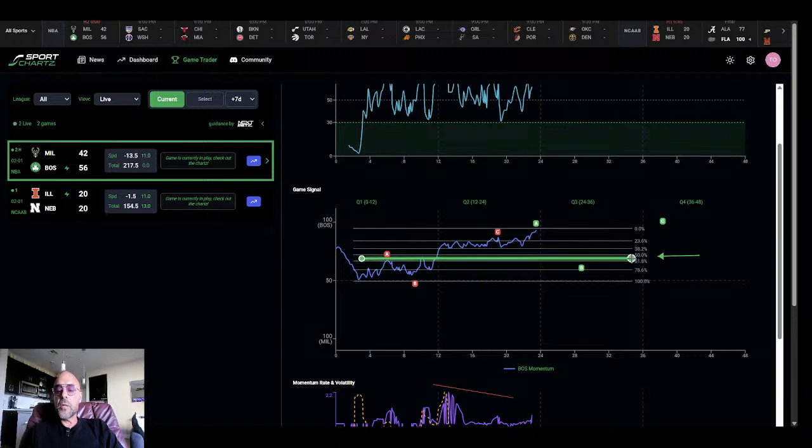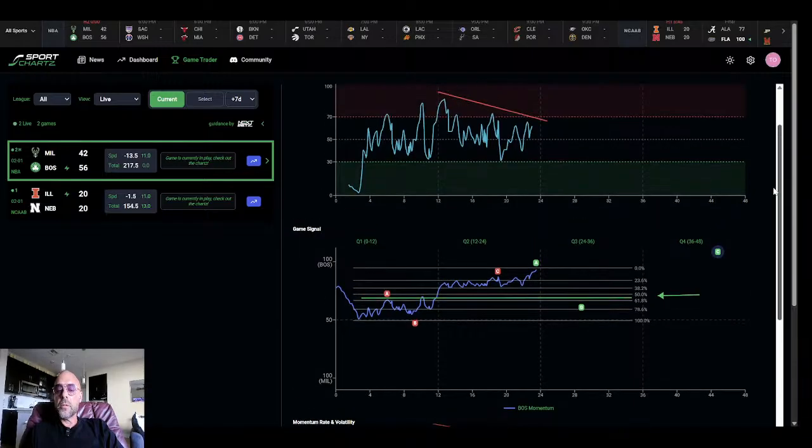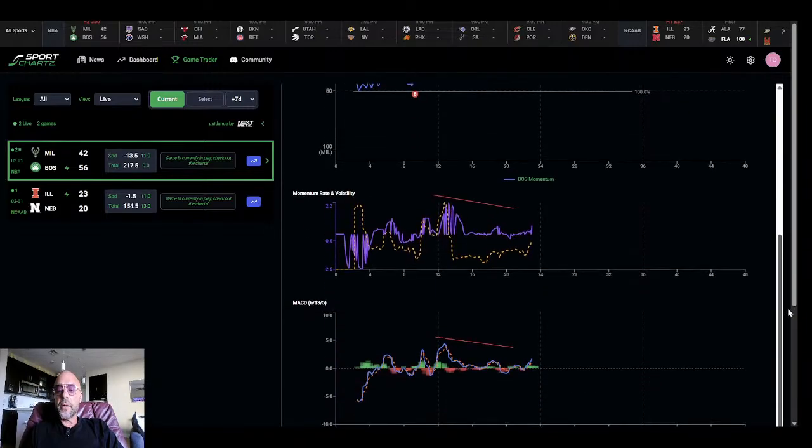Let's look, see if we see any divergences showing up. But ultimately, they win. Negative divergence for sure there. Here, here.